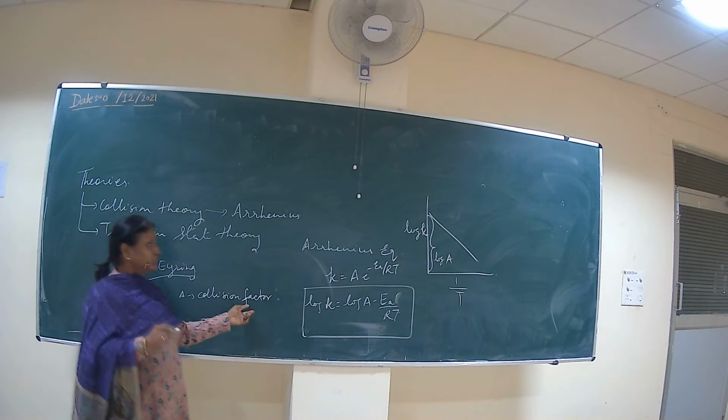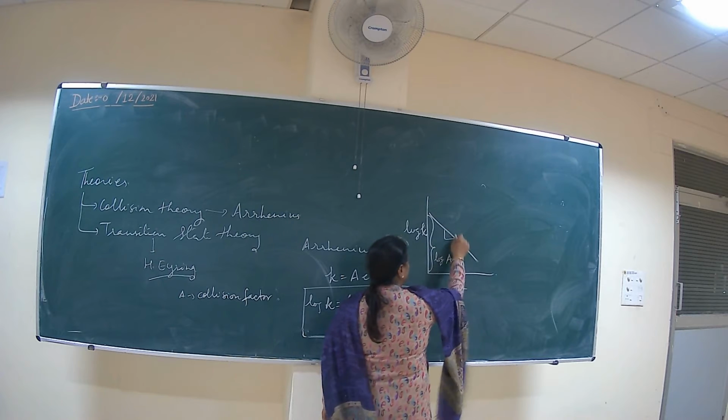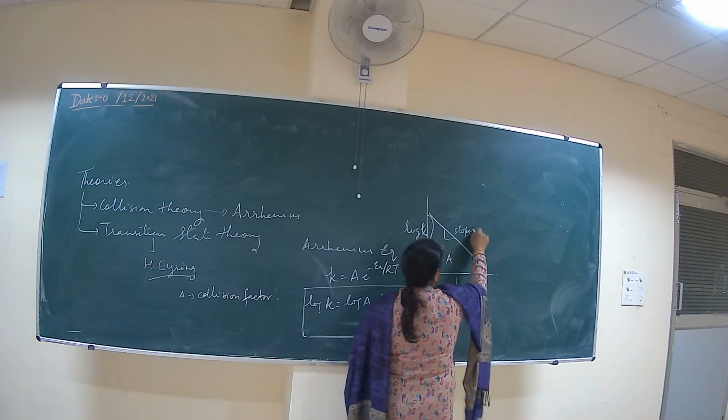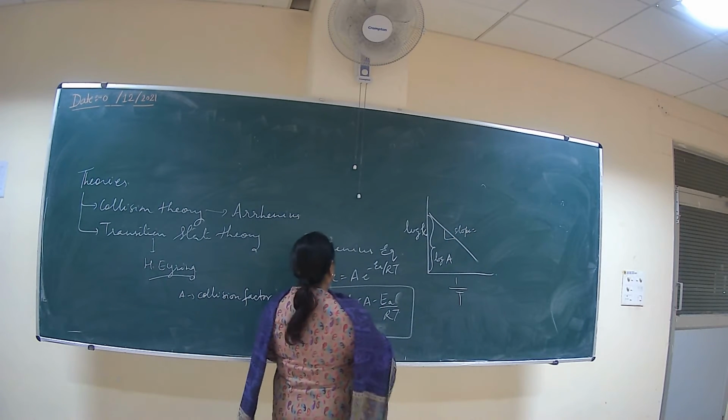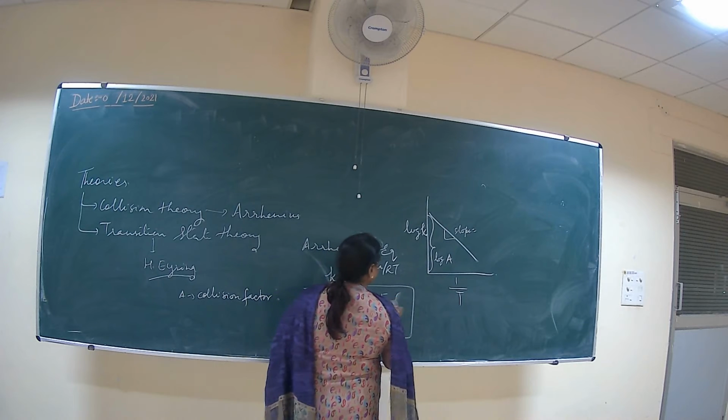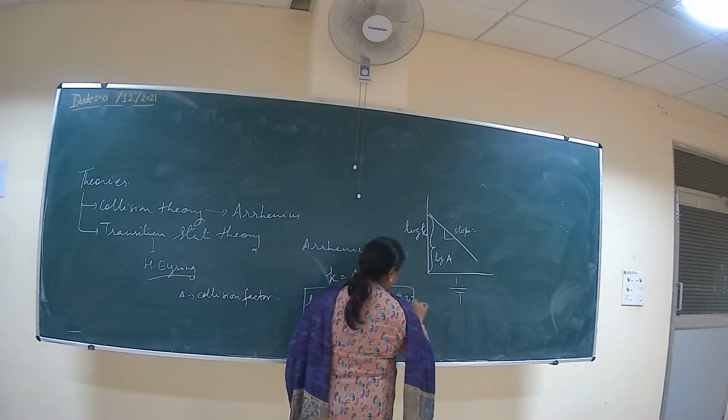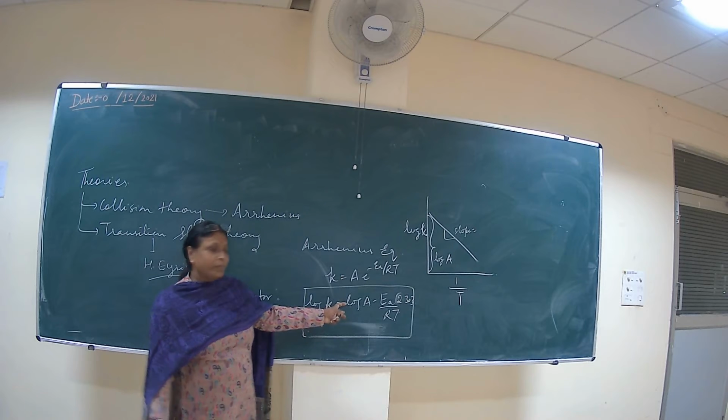So this is how, and here we get a slope, and slope equal to, one thing is missing over here, EA into 2.303, because log is taken, है ना?